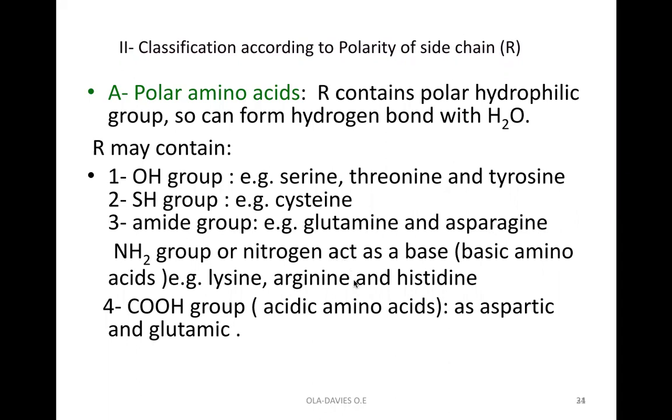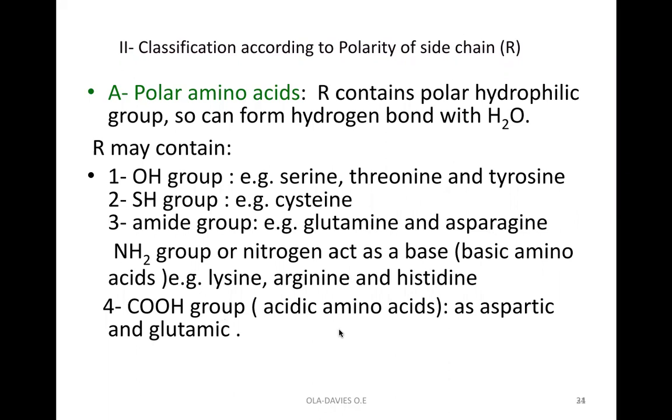And we know that the amino group or the nitrogen acts as a base. And when the R group is in the carboxylic form, then we know carboxylic group is acidic in nature. So you're going to have acidic amino acid, because the polarity now is towards acidity.